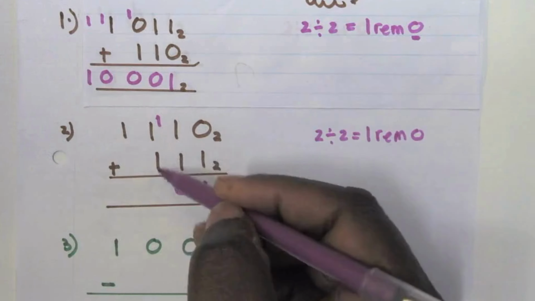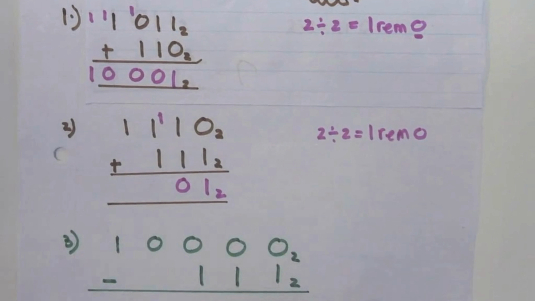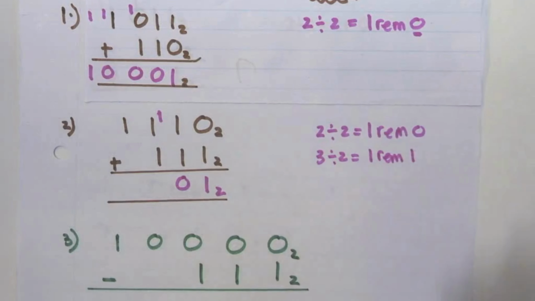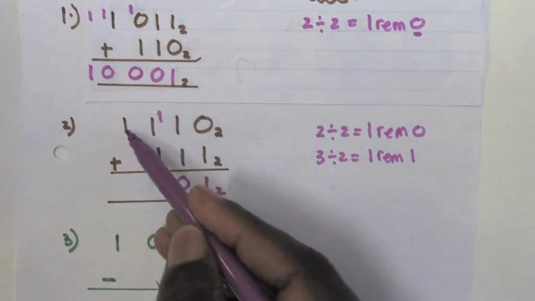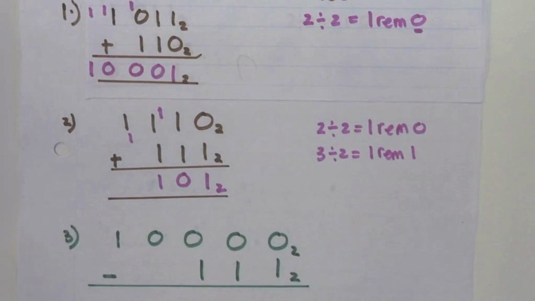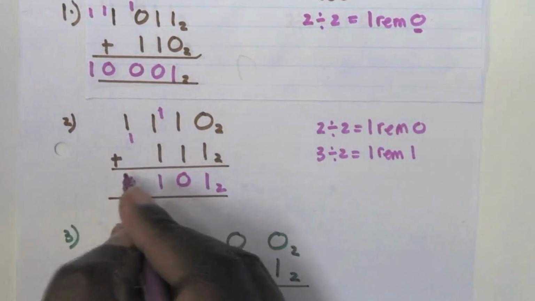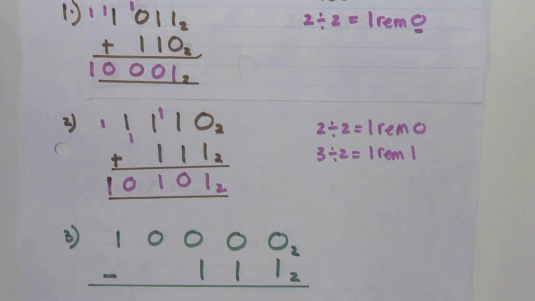If I add this column, I get 3, and 3 is not in base 2, so I write 3 divided by 2, which gives me 1, remainder 1. So I write 1, carry 1, and 1 plus 1 gives me 2, and 2 is not in base 2, so I write 0, then I carry 1, and I get 1 here. And so this will be my final answer in base 2.